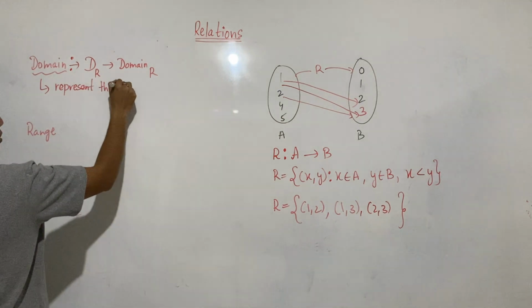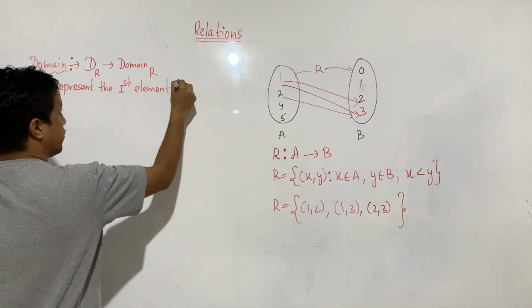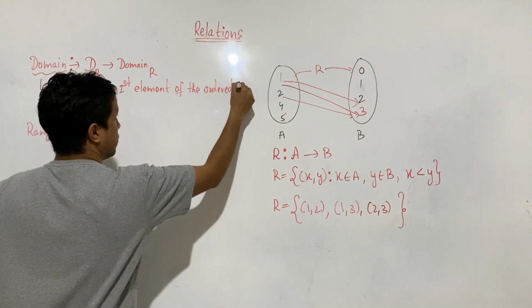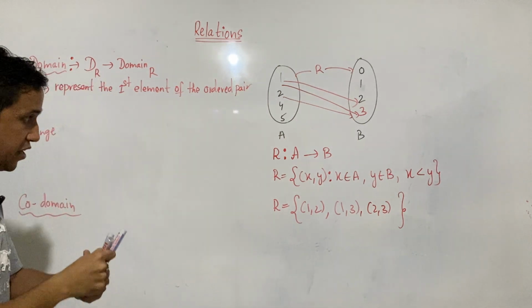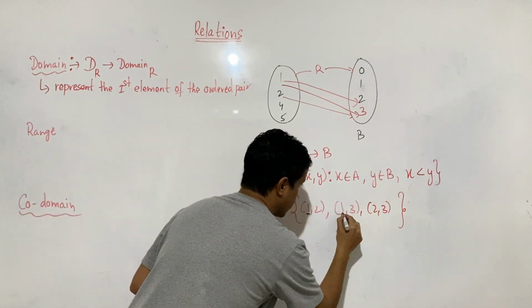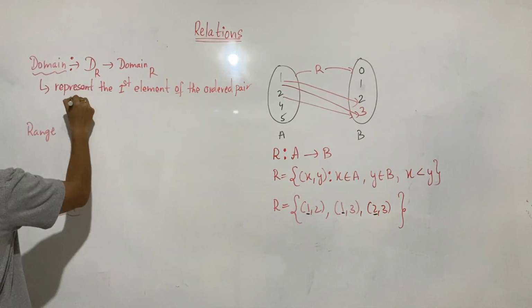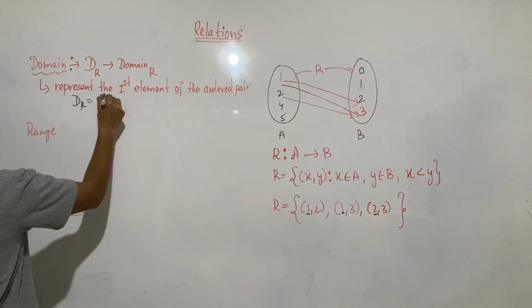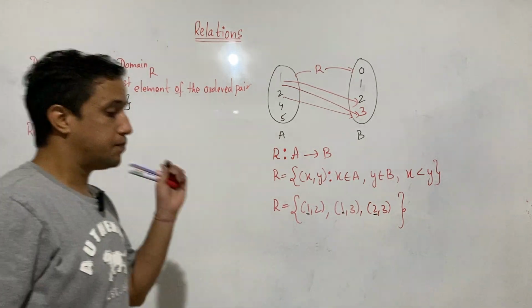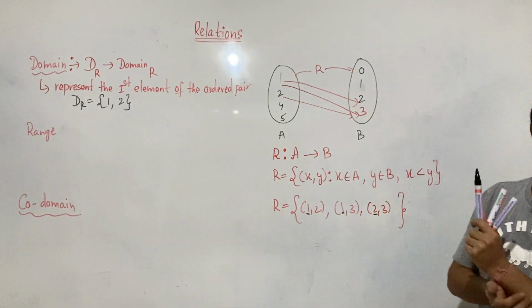Now you can see here, the first element is 1, the first element is 1, the first element is 2. So here the domain is going to be 1, 2.